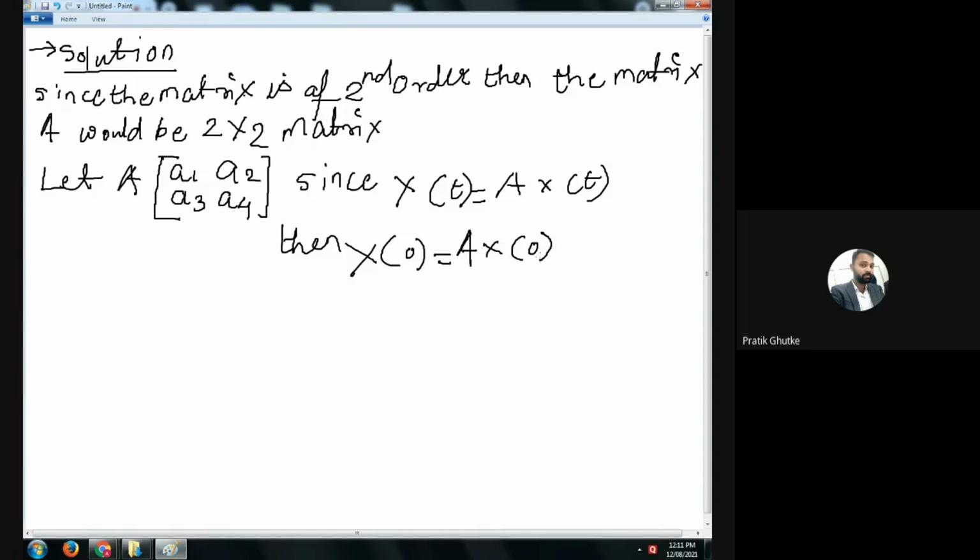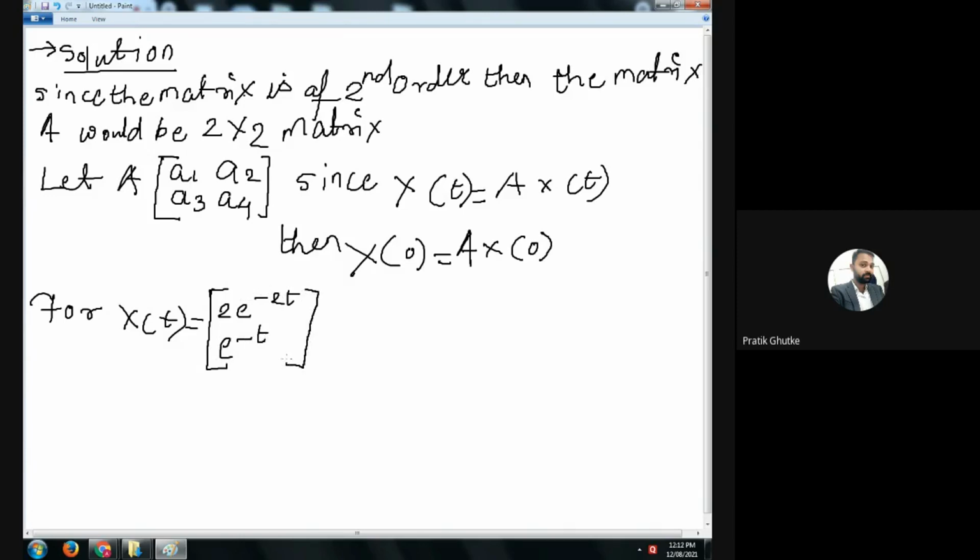Also, next condition, what matrix they have given for x of t? They have given the matrix 2e raised to minus 2t and e raised to minus t.